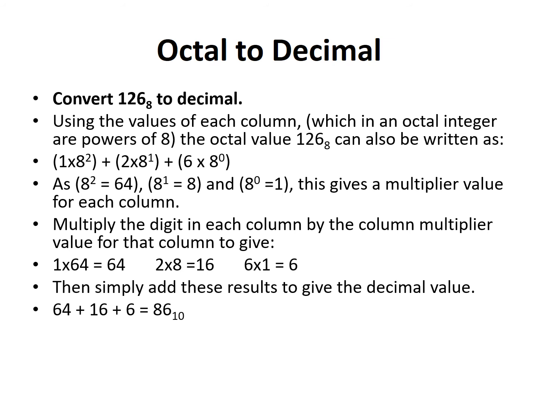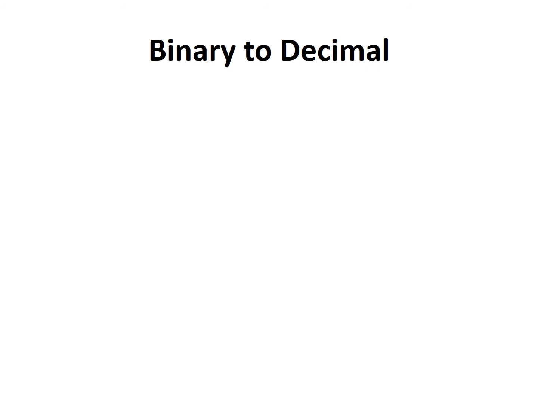So now let's move on to the next one, binary to decimal. First we converted an octal number to a decimal number. Now we are going to convert a binary number to a decimal number. The same method is followed here also. So convert 1101 base 2 to decimal.